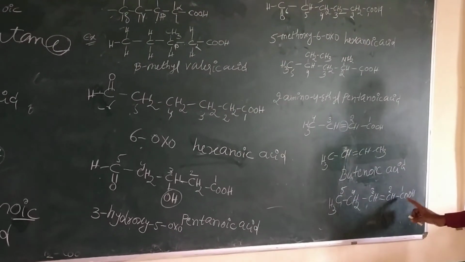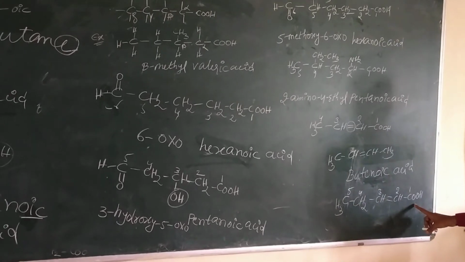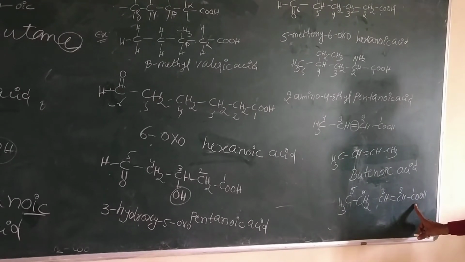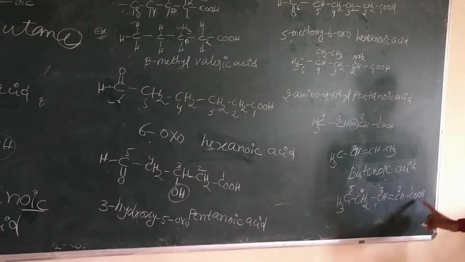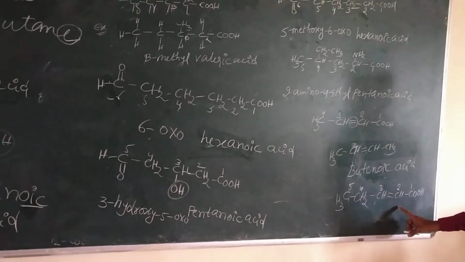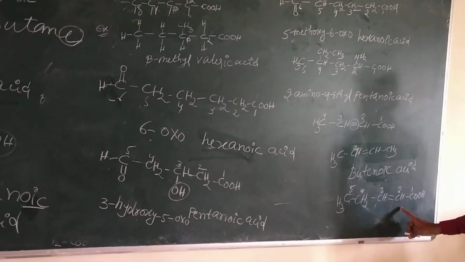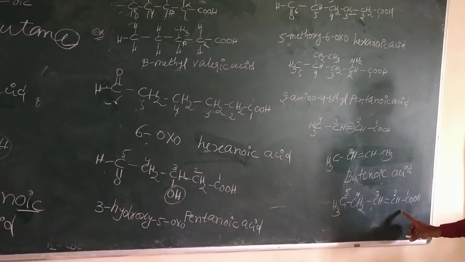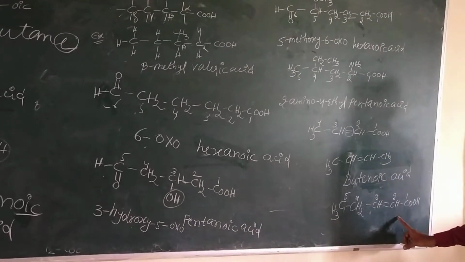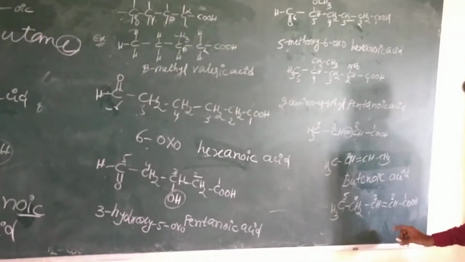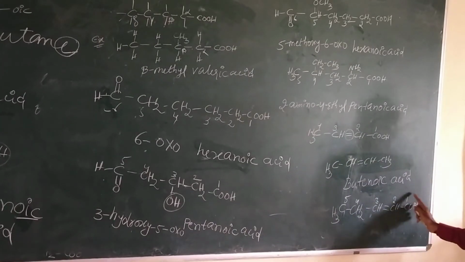So now see here, it is a 5-membered alkene. What is the parent molecule of this compound? Normally it is a pentene, but we have the carboxylic acid, right?